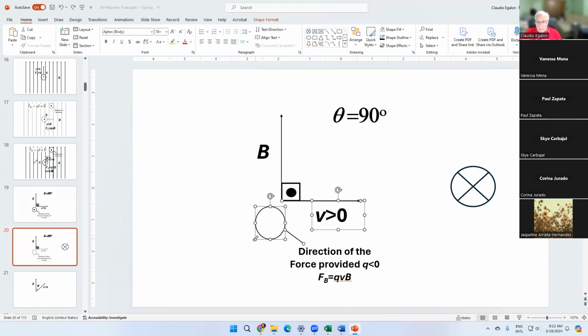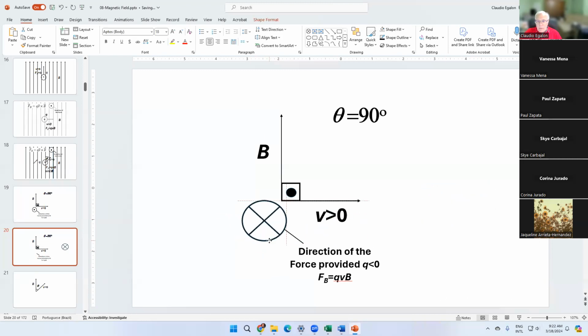Nope, I don't want to get rid of that. I want to get rid of this one only. That's the direction of the force, provided Q is less than 0. So the direction changes if we change the sign of the electric charge.